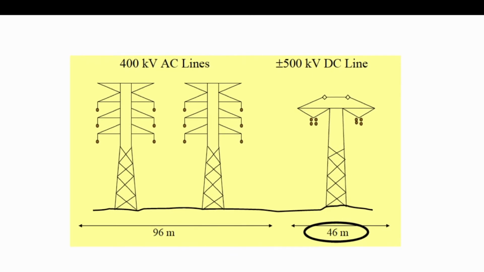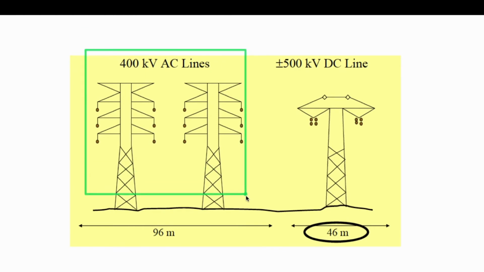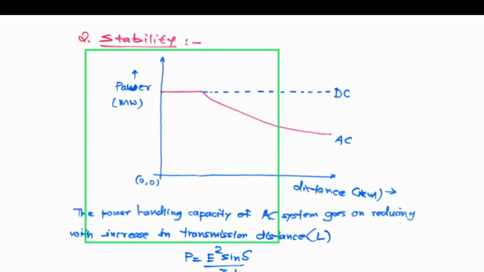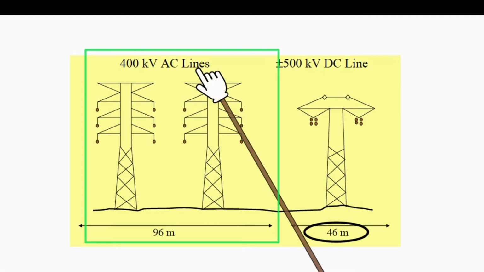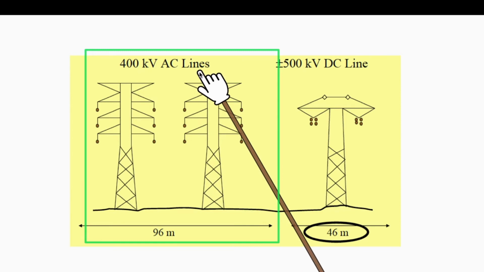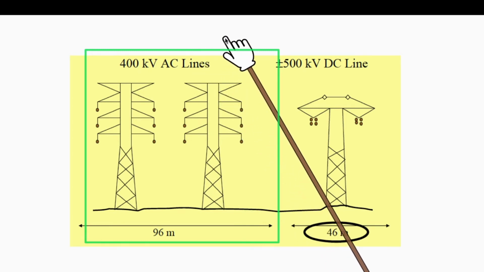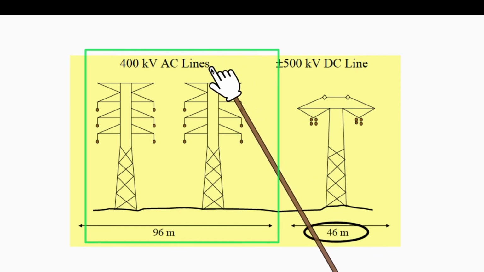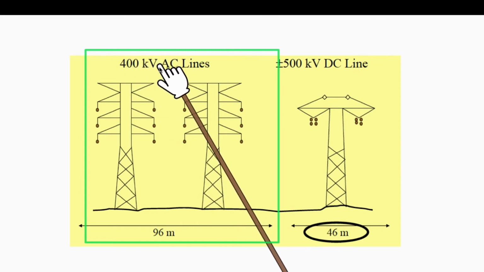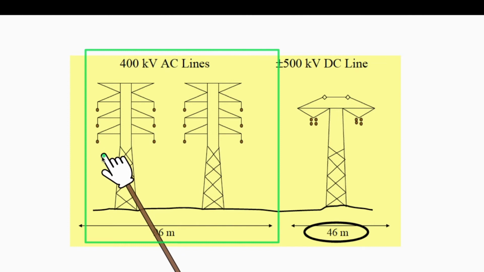Kindly focus your attention on the left hand side of the diagram. You can see here that if you are using a 400 kV AC line and we would like to transfer, let us say, a power of 1200 or maybe 1500 megawatts, you have made several calculations in the first unit, and you realize that for transmitting a power of maybe 1500 or 2000 megawatt at 400 kV, you require several circuits.